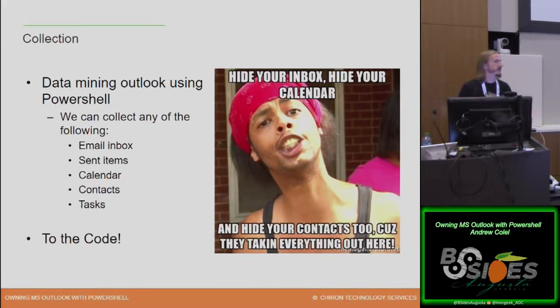In any environment I've ever been in, if you go to the commander's or CEO's desktop, everything's there. But if you want to know what he's doing, everything is in his tasks folder, right? In Outlook, he's got his whole calendar set there with everything he's doing for the next 6 months, and he's got all of his projects and what percentage he's through them all in his task folder. So it's useful stuff to collect.